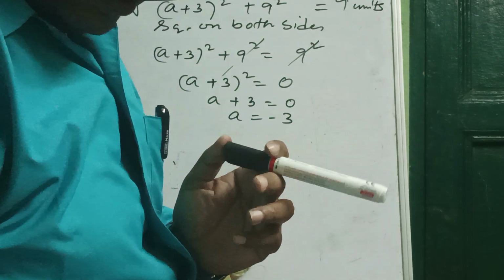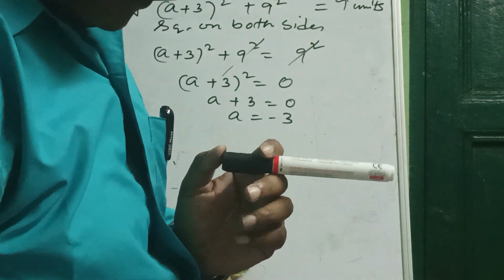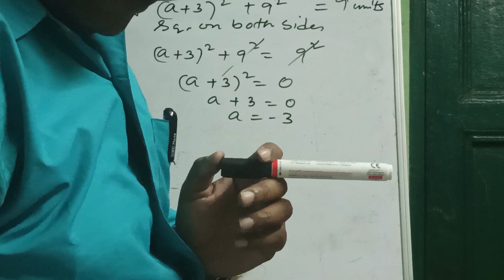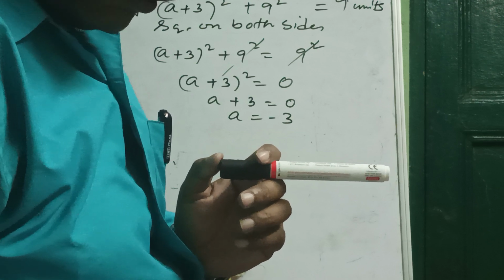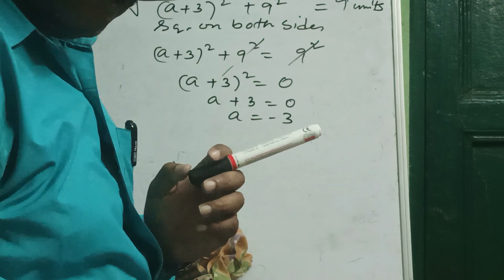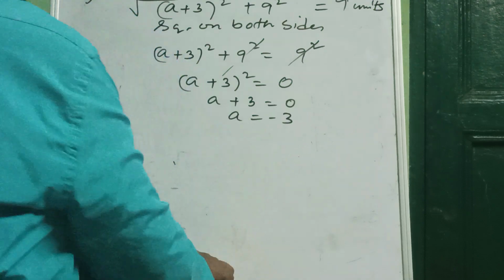Now I take a question to easily calculate. Question number 4.1, find the points on the x-axis which are at a distance 5 units from the point 5 comma minus 4.